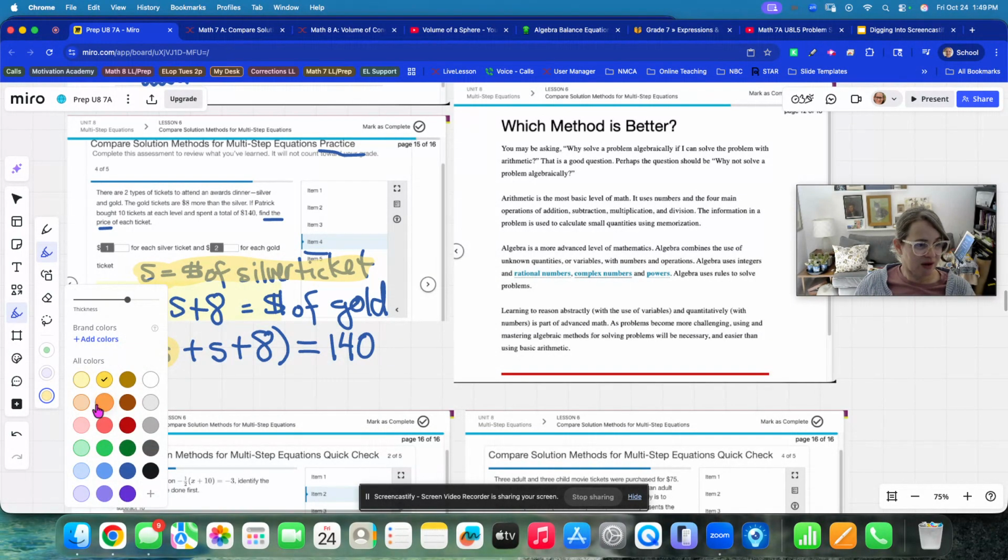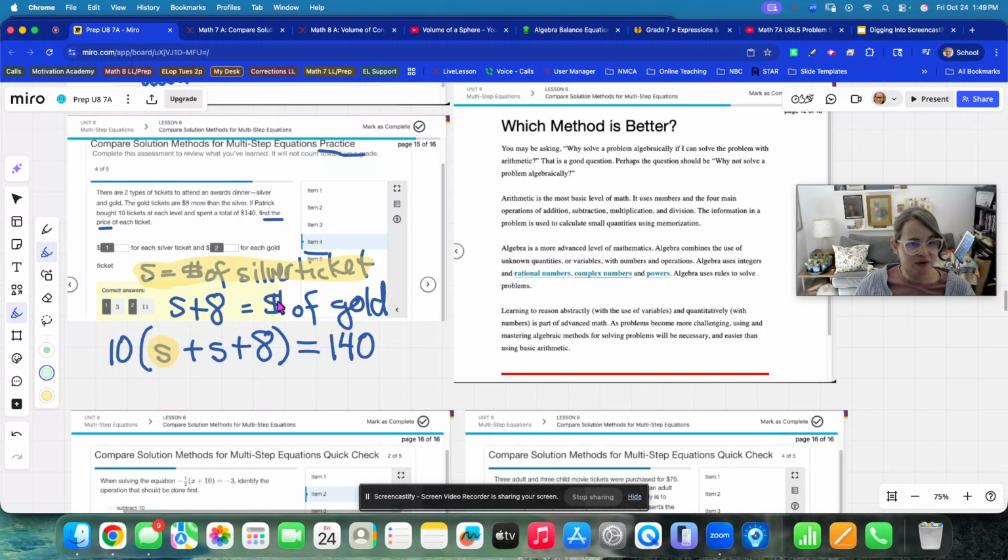Let's look at this in green. The gold ticket is here, it's the S plus 8. So I have 10 times the price of the silver and the gold tickets.